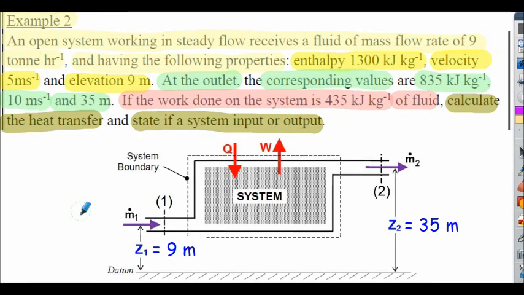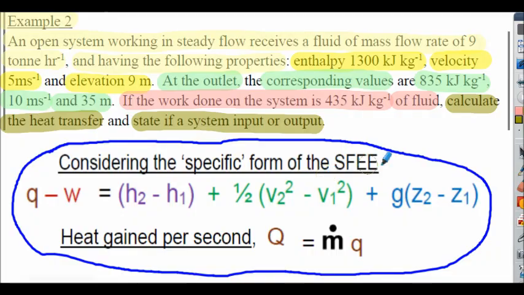Just note from the information stated, the elevation of the inlet is 9 meters from the datum, so Z1 is equal to 9 meters, and the elevation of the outlet, Z2, is 35 meters from the datum. Of course, if you prefer, you could make Z1 equal to 0 and Z2 equals to 26 meters, because it's really the change in elevation or the change in height that we're interested in. Here's a hint. We initially again consider the specific form of the steady flow energy equation, but this time we initially calculate lowercase q.